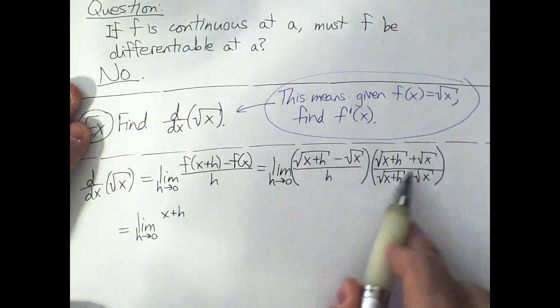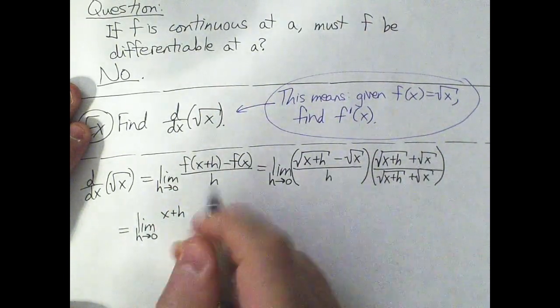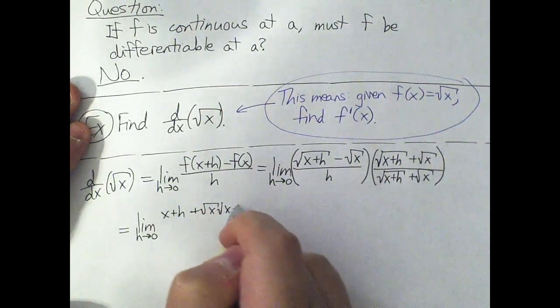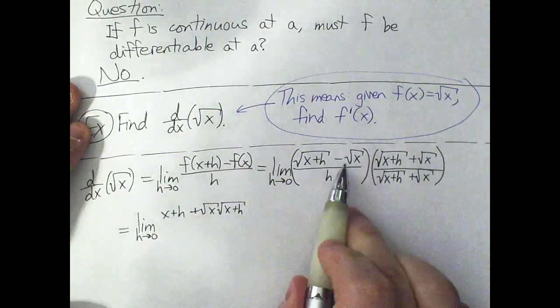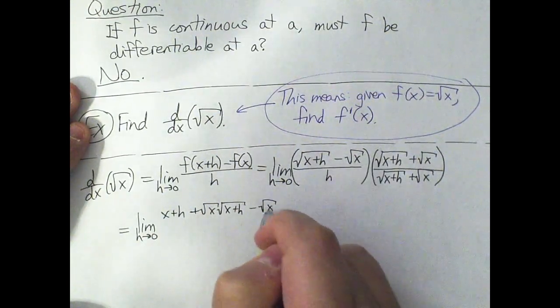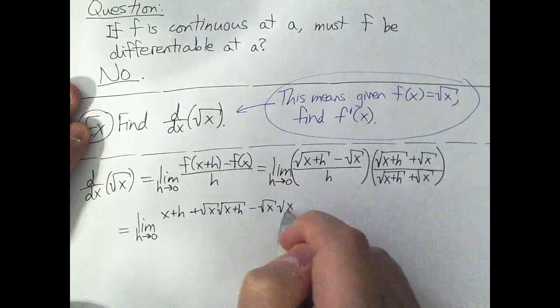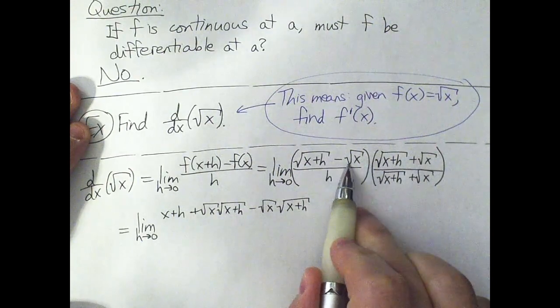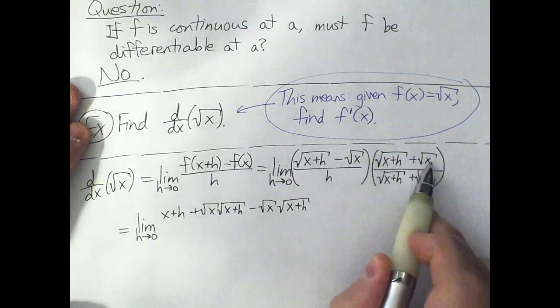Square root of x plus h times square root of x looks like this. Minus square root of x times square root of x plus h. And then the last terms, minus square root of x times plus square root of x.